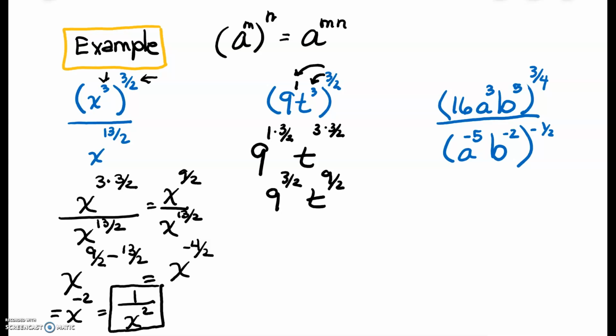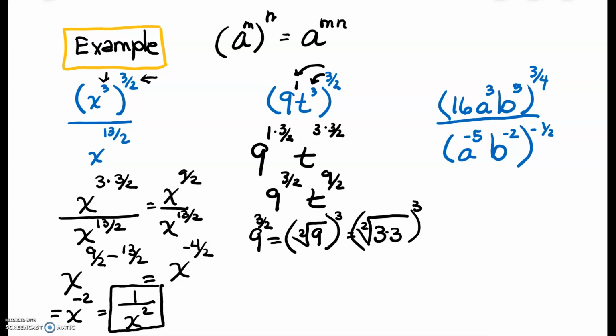And now I notice that I have a number. So I really need to convert to radical form, just the number, not the variable, to see if it reduces. If it doesn't reduce, then we're finished. But if it does reduce, I need to continue to simplify. So when I convert the 9 to the 3/2 to a radical, I get the square root of 9 raised to the 3rd power, which is, what's the square root of 9? 9 is 3 times 3, and I'm looking for groups of 2.